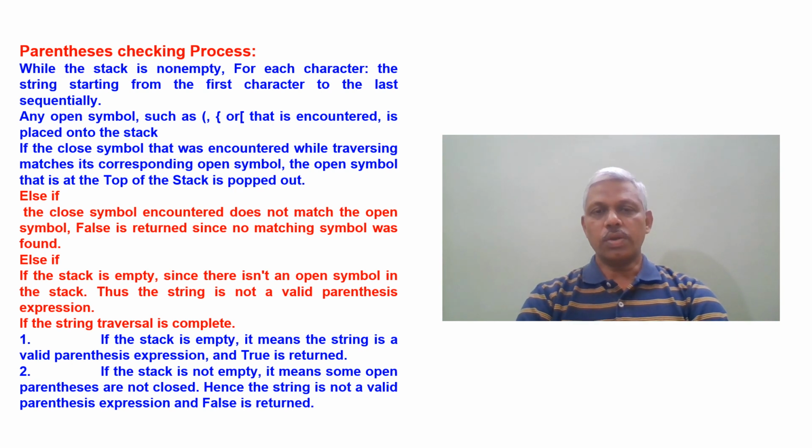Now, if we keep on doing this, at one point of time, all the left openings of the brackets will be pushed onto the stack as we keep on pushing them. Now, once the right end of any of the brackets is encountered, we match it with the top element of the stack.